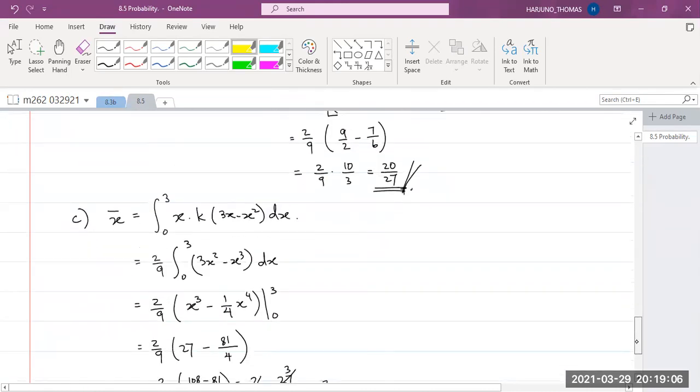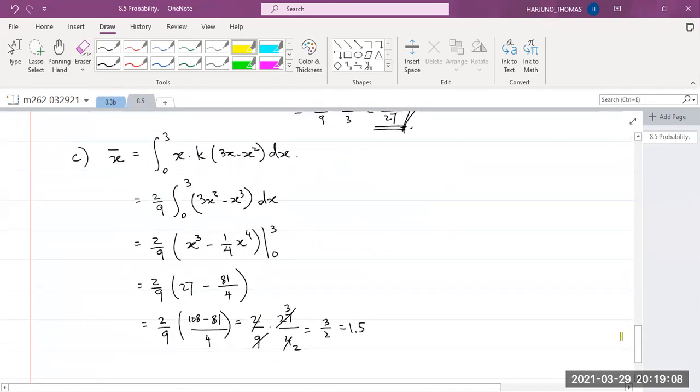We confirm that by computation. Okay, that's for 8.5. If you want to have fun, you can try questions like number 3, so maybe number 4, 5, 6, 7. And try to do more if you like.